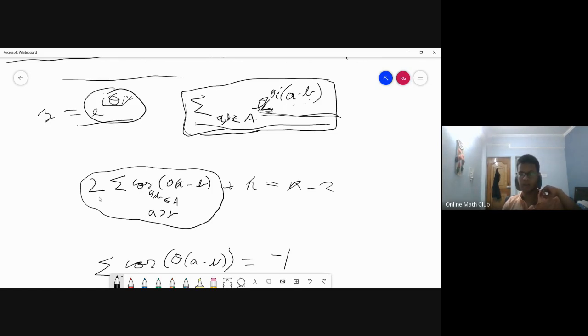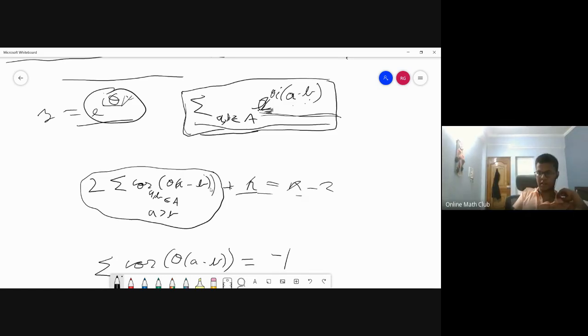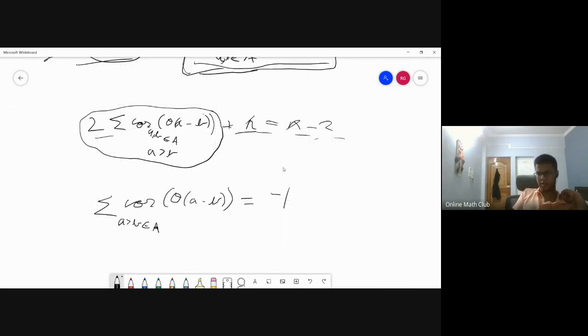You get 2 cos theta (a minus b), plus n when a equals b. Those are n cases. And then you remove 2, and this is the structure where you want to prove such a theta exists for any finite set A.